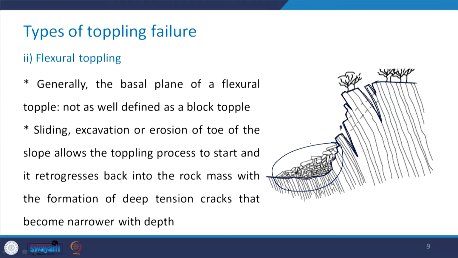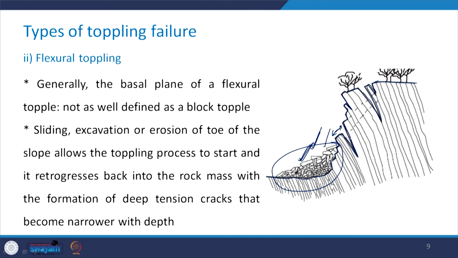Take a look here, near the toe of this slope there is either sliding or excavation or erosion of the toe, and this triggers the bending of the long columns which are behind this. So, the moment this toe portion of the slope experiences either sliding or excavation or erosion, this phenomenon starts happening.